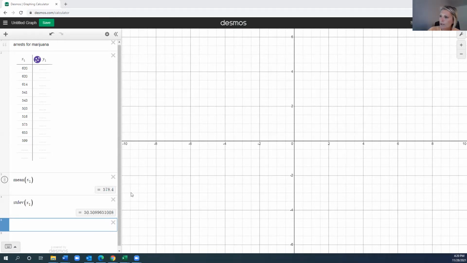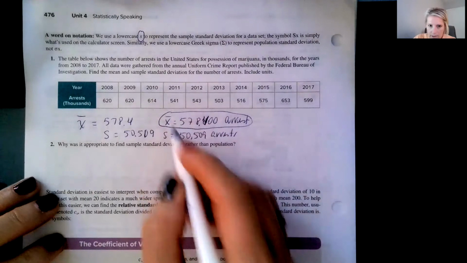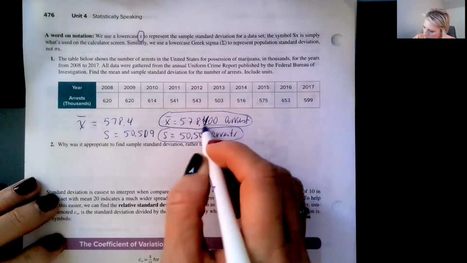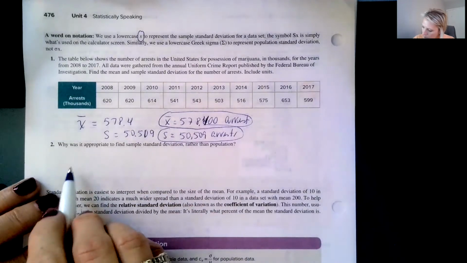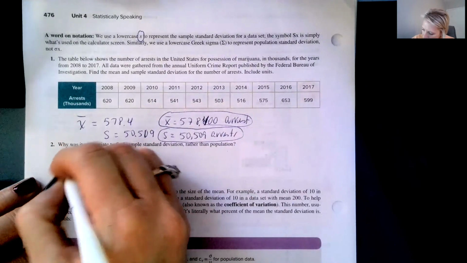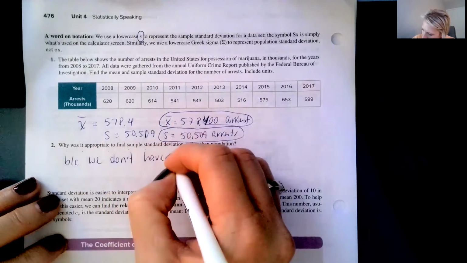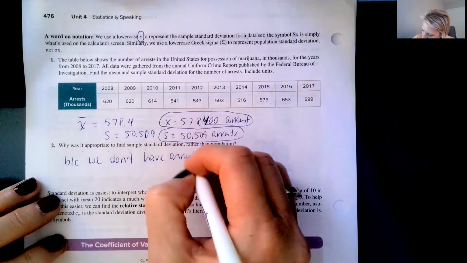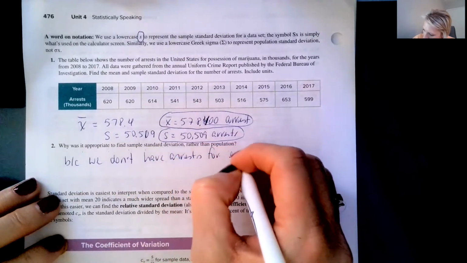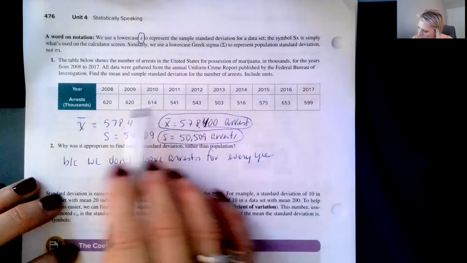Again, notice here in Desmos, we don't use a P because it's a sample standard deviation. So here's our mean. I wrote it out in thousands. And here's our standard deviation. Why was it appropriate to find the sample standard deviation rather than the population? That's because we don't have arrests for every year. It just says for these particular years.